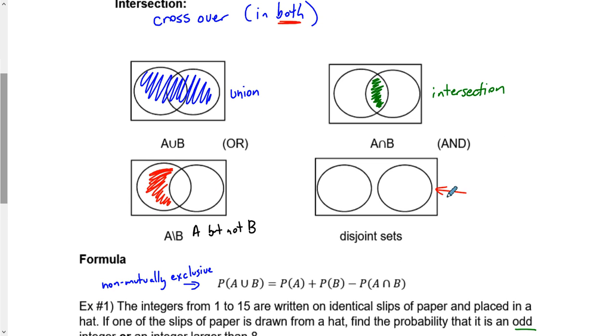This is an example of mutually exclusive, meaning they're completely separate from each other. Non-mutually exclusive is anything where there's an actual overlap.